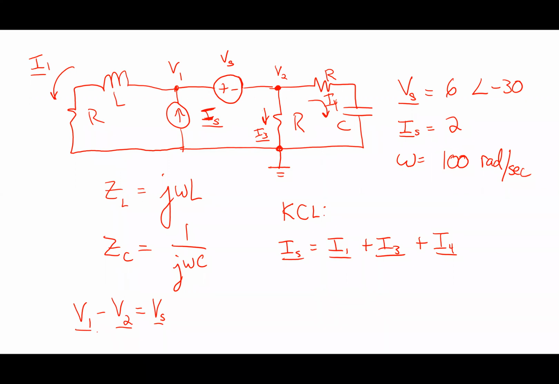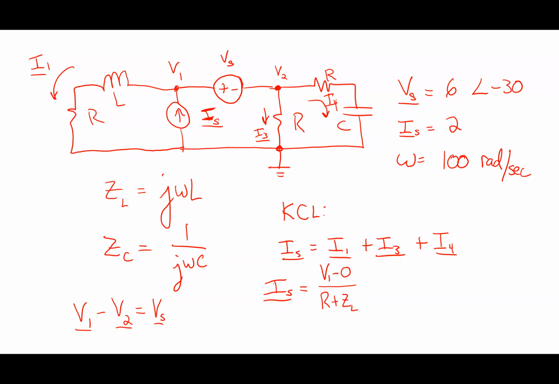Now I've got to figure this out. IS over here is equal to I1 plus I3 plus I4. I've got to write these in terms of voltages. So I1, how do I define I1 in this case? V1 over impedance. V1 minus 0 over R plus ZL.